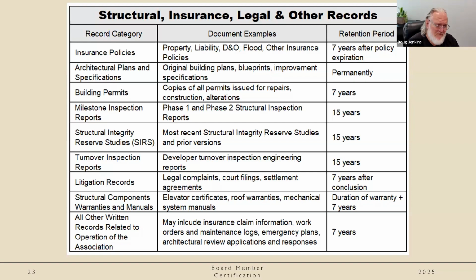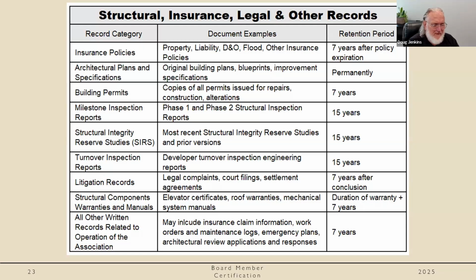So if somebody sues you for a slip and fall from 5 years ago, 6 years ago, 7 years ago, 8 years ago, whatever the statute of limitations is, it's the insurance that was in effect when that slip and fall took place that has to defend the association and pay any awards that might be subsequently awarded to the person, owner, visitor, whomever it might be.